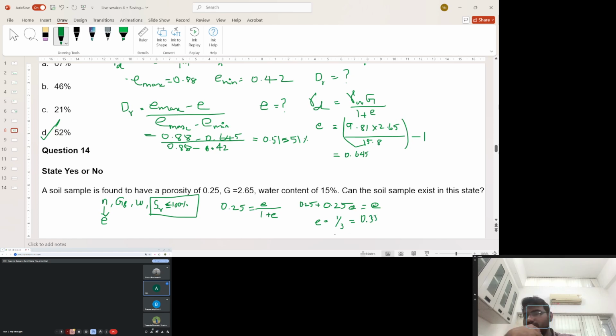Now we know the relationship Se is equal to wG_s. Now S you need to find. w is 0.15, G_s is 2.65, and e is 0.33.